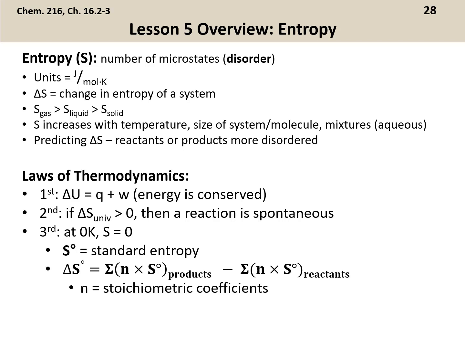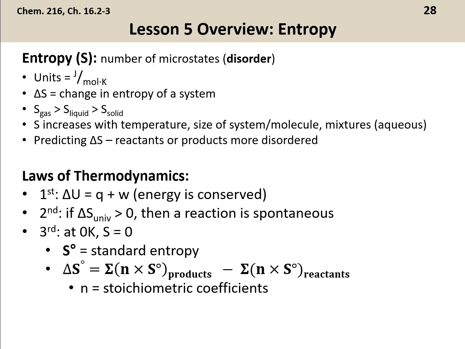Entropy is the number of microstates, or better, the amount of disorder in the system. So if delta S is increasing, that means that it's becoming more disorganized, right? Our houses, as we're living in them and throwing stuff everywhere, our delta S is increasing, okay?